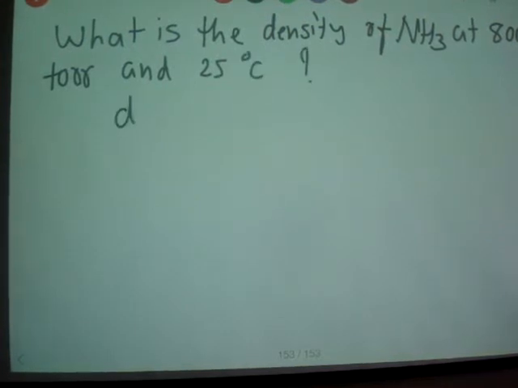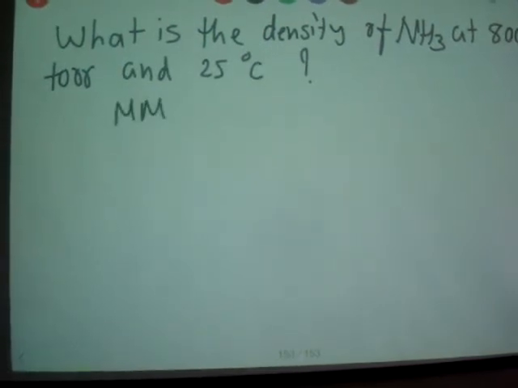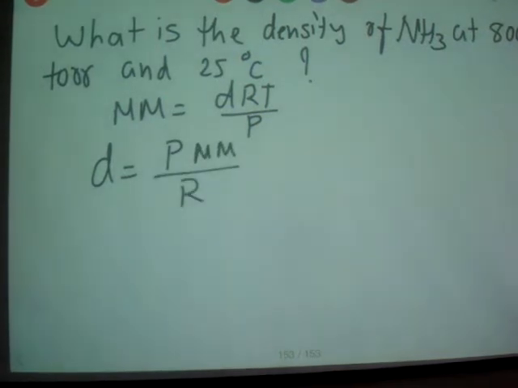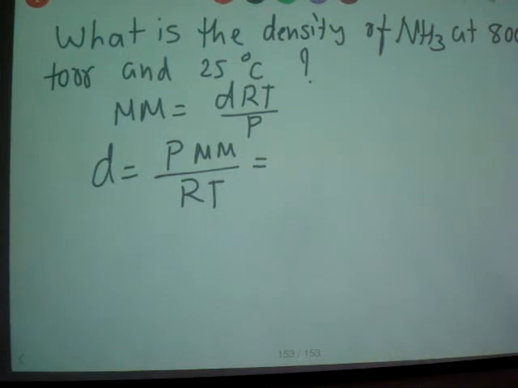We know that molar mass equals dRT over P, and we need to reorganize. So D equals P times molar mass divided by RT. Now what's the molar mass of NH3? 17. Fantastic. So 17 grams per mole.